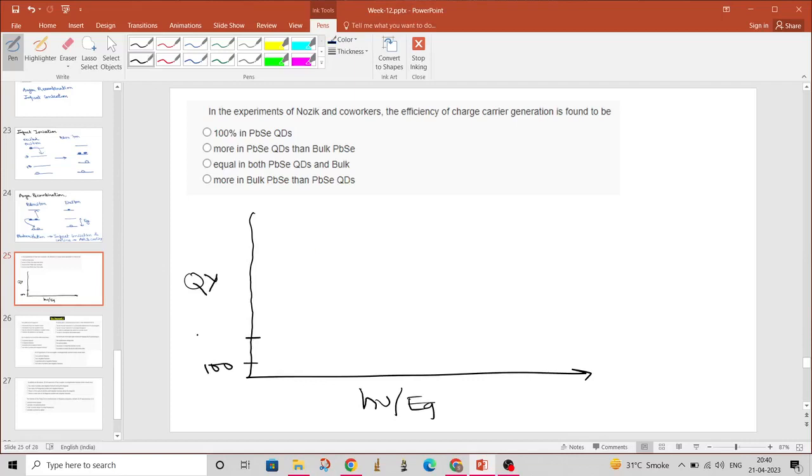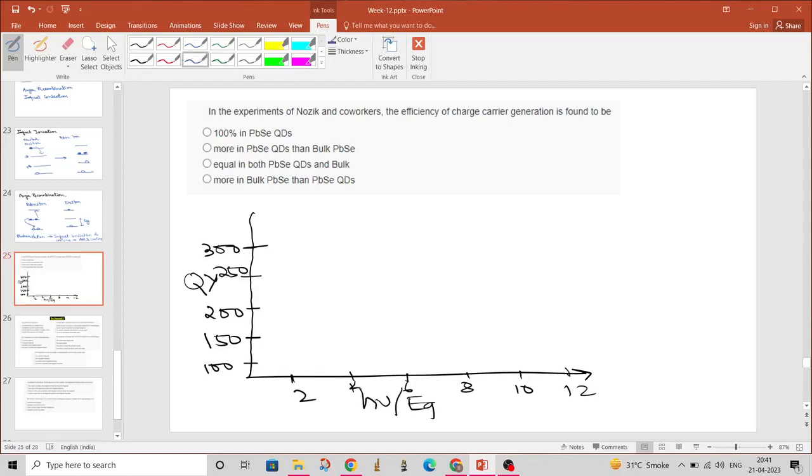This is 100, 150, 200, 250, 300, and energy is 2, 4, 6, 8, 10, 12.